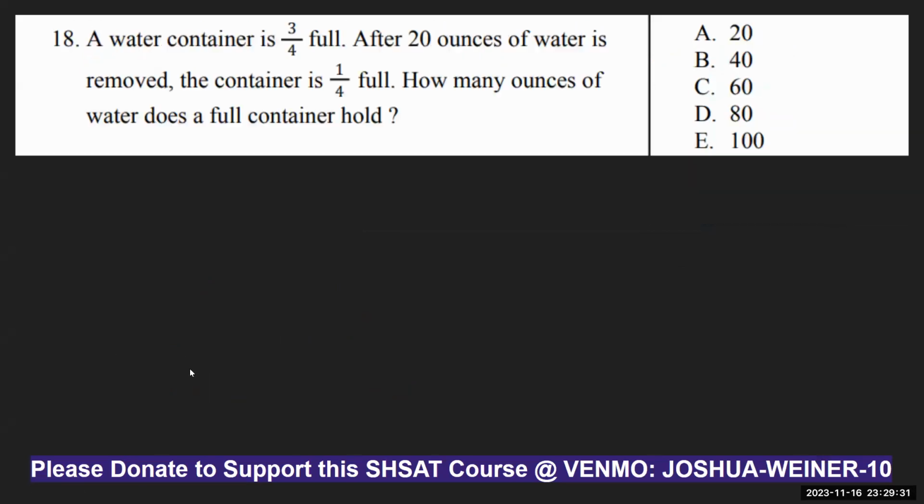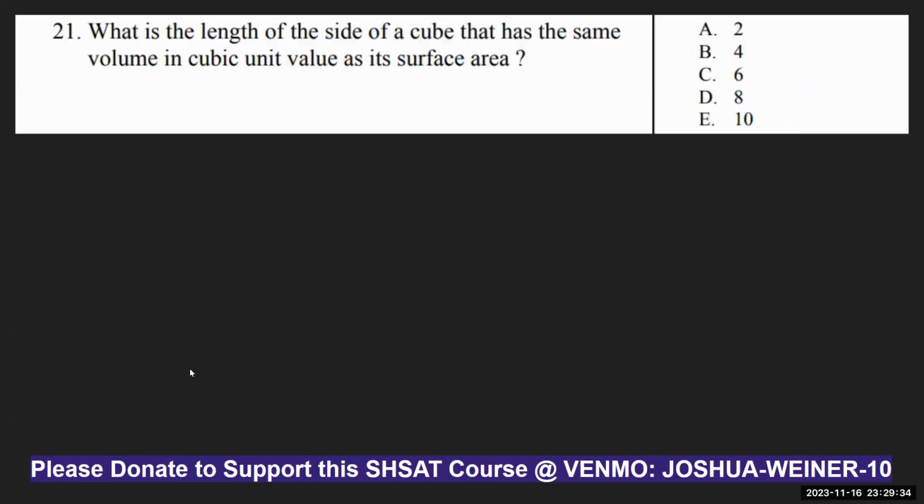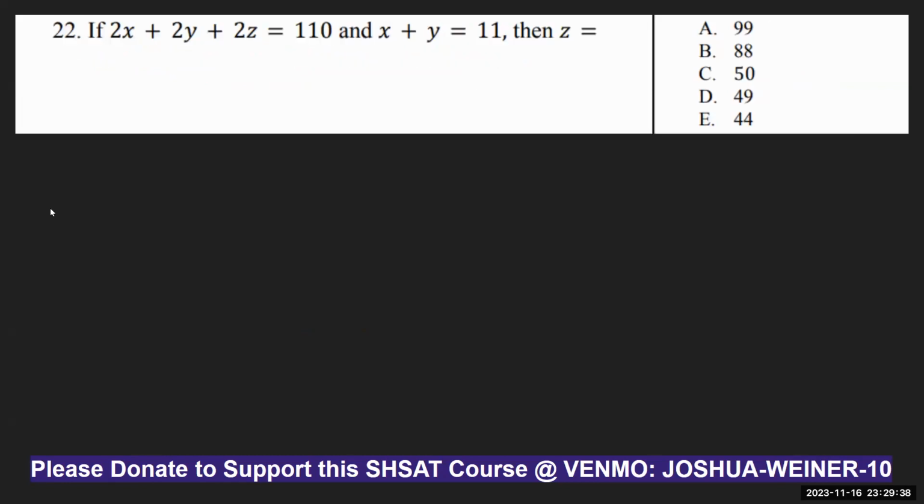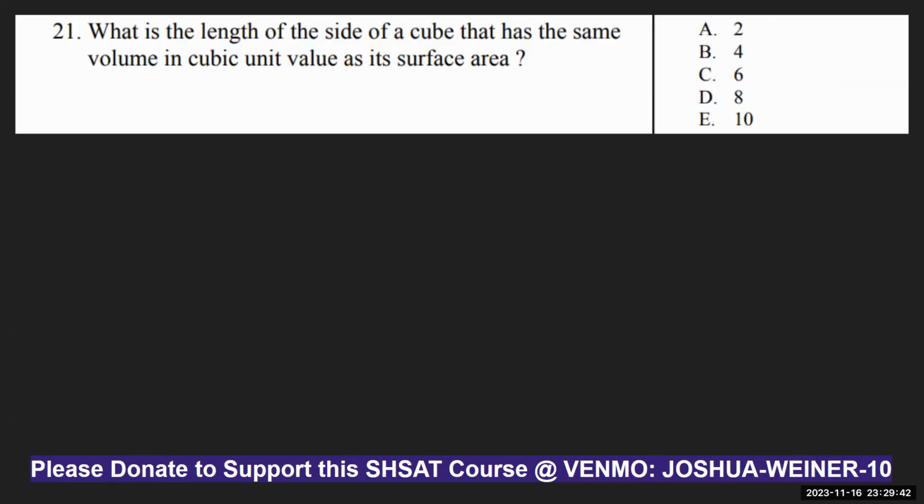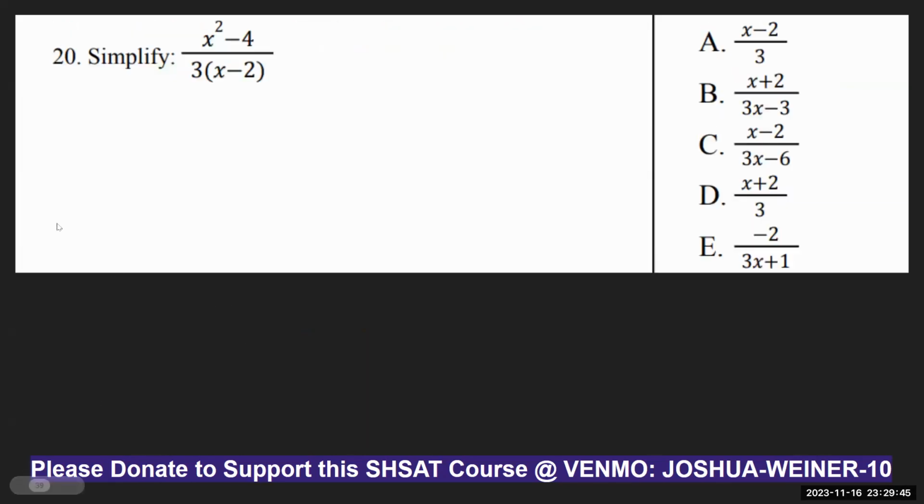Okay, 18 we're going to skip. 1 challenge problem. Question 20, 22. All right, last 2. Question 20 is a high school problem, and they tell you that you should factor.